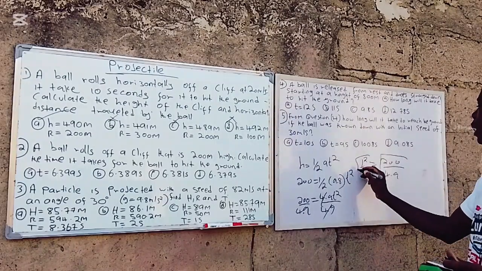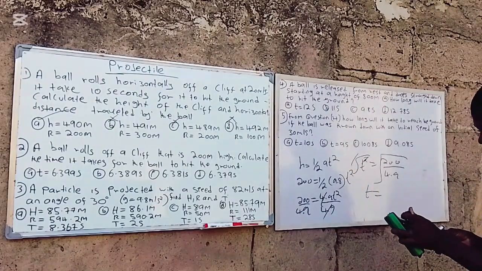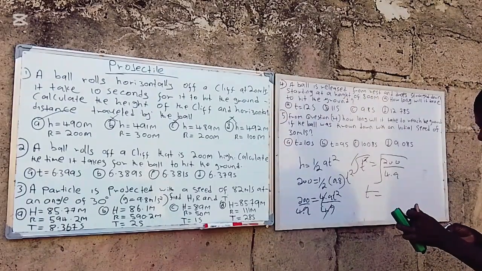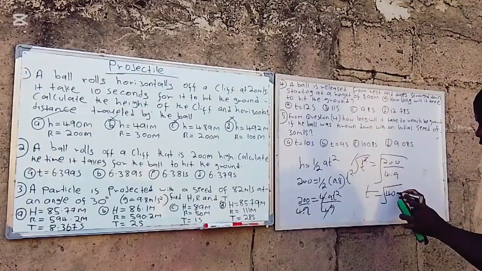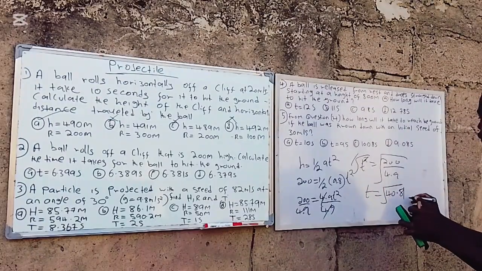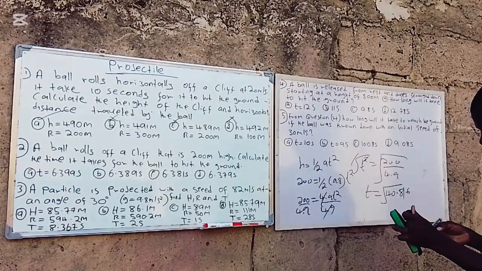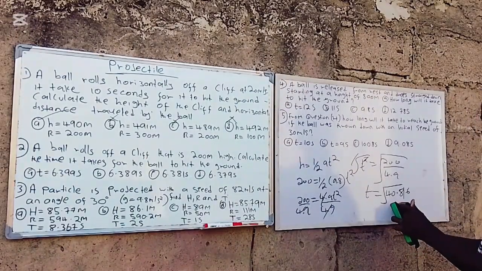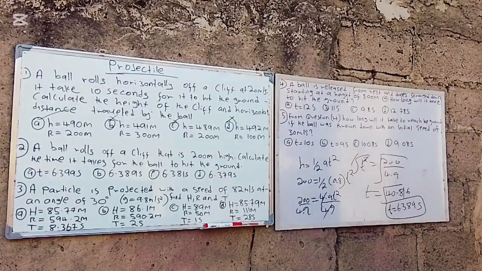If I take the square root of both sides, t is equal to the square root of 40.816, which is 6.389 seconds.